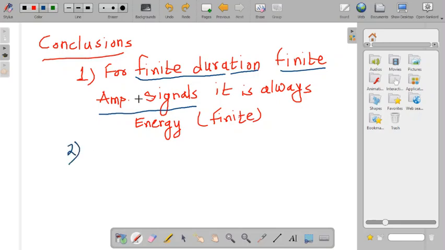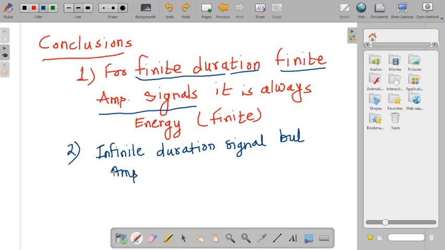And the second important conclusion: infinite duration signal, but decaying amplitude, as we have seen in the exponentially decaying signal. Such signals are also energy signals.